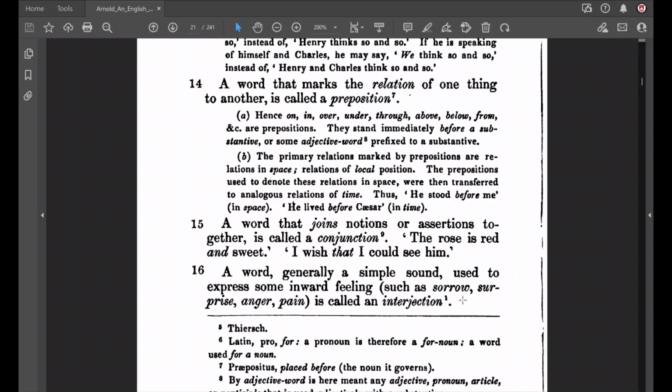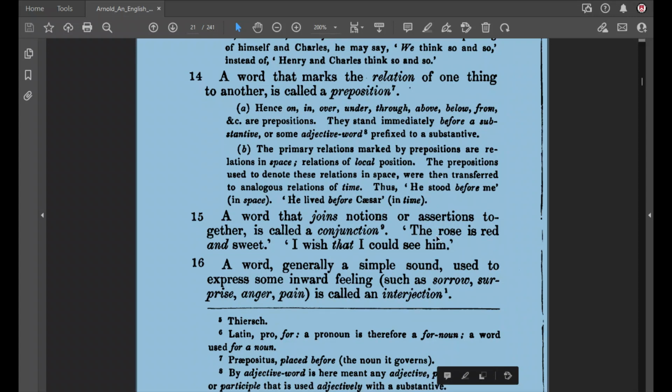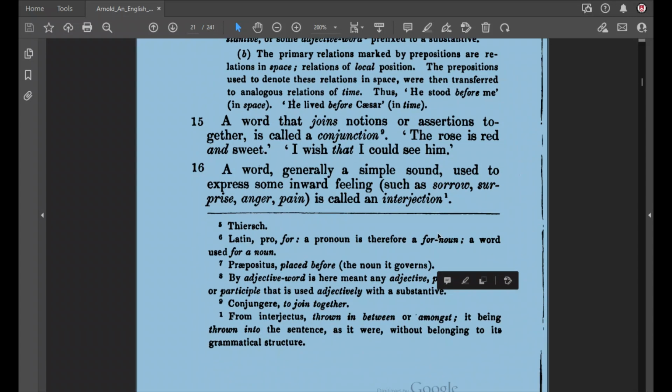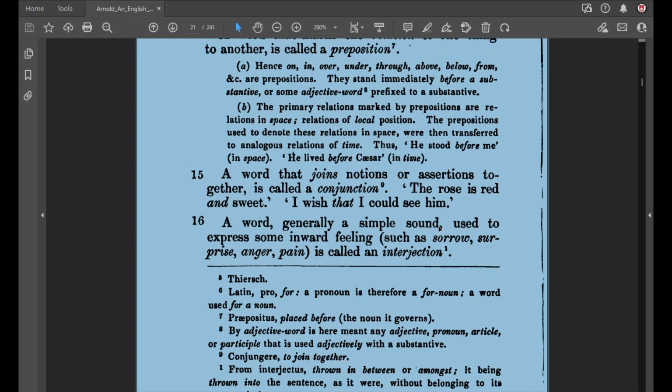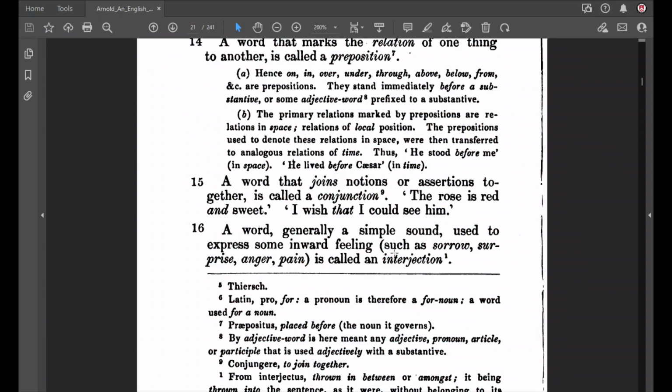A word used to express some feeling is called an interjection. That's paragraph 16. That's the 10th part of speech. And the final part of speech.